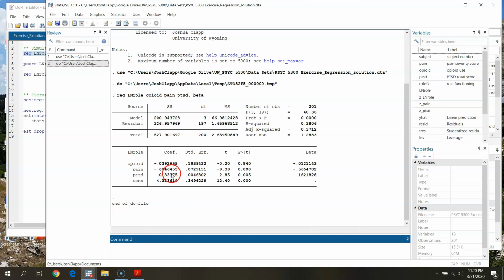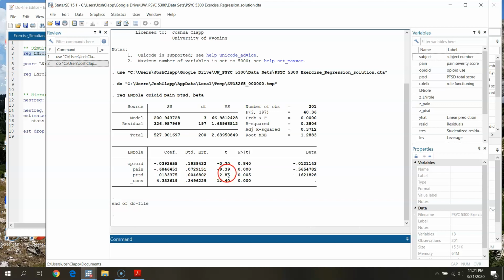So with that in mind, I can take a look at my coefficient here, and I could say for every 1 unit increase in pain, I expect about a 68.5% decrease in role functioning. So with that natural log transform, we still retain some interpretive properties here.